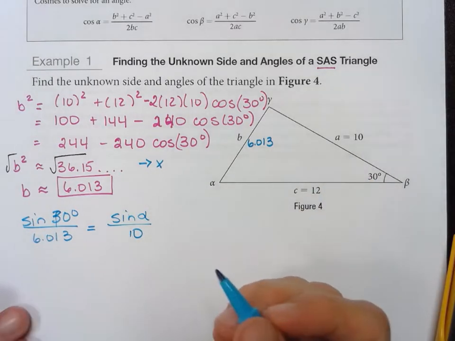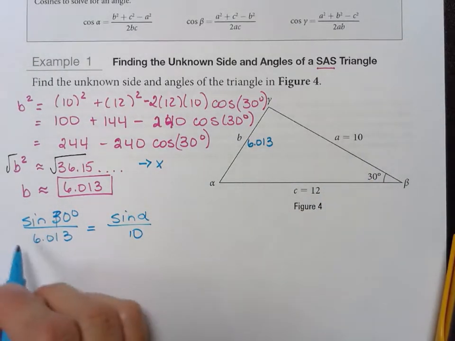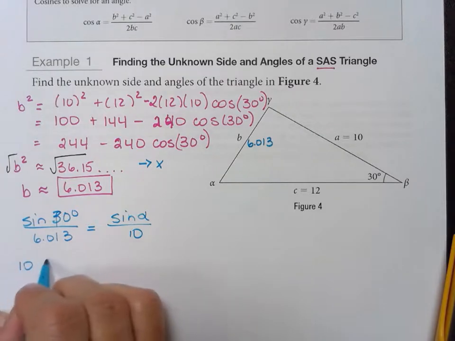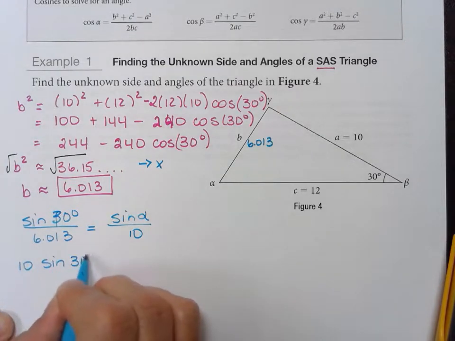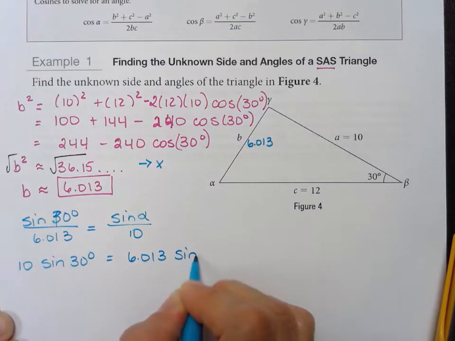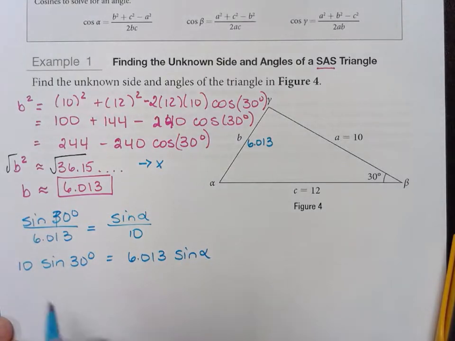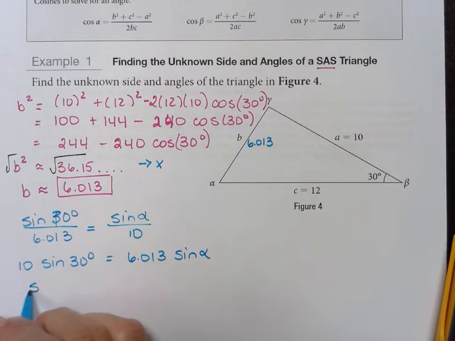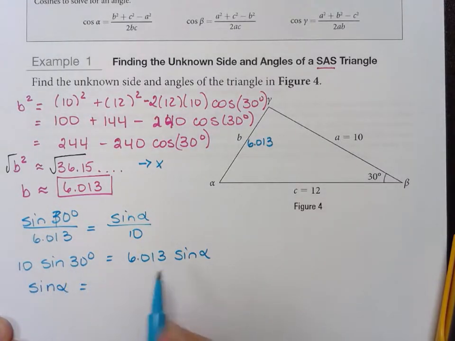So this is just like what we did in the last section. Cross multiply and solve for sine of alpha. So sine of alpha is equal to all this divided by 6.03.